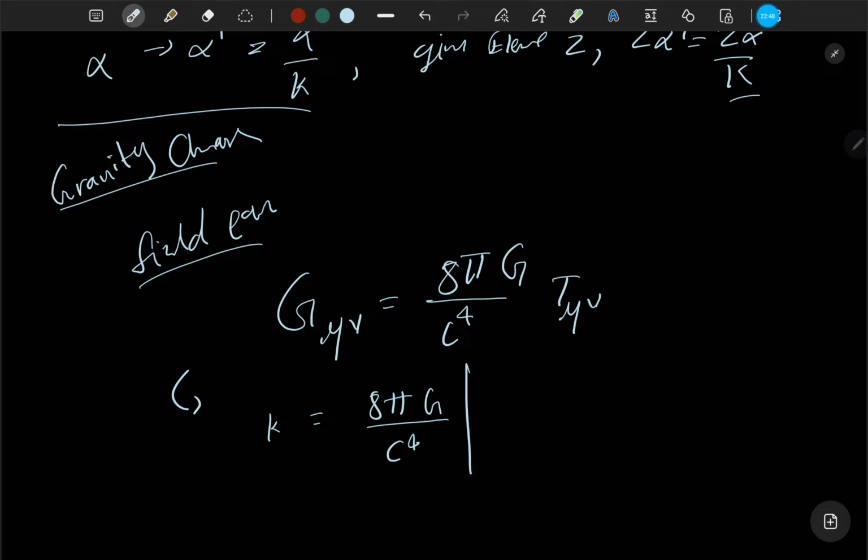Then we would have something like kappa dash equals G by kc, which technically gives you 1 by k⁴ kappa. Okay, this is kappa, it's not k. I just do this so that you know the difference.